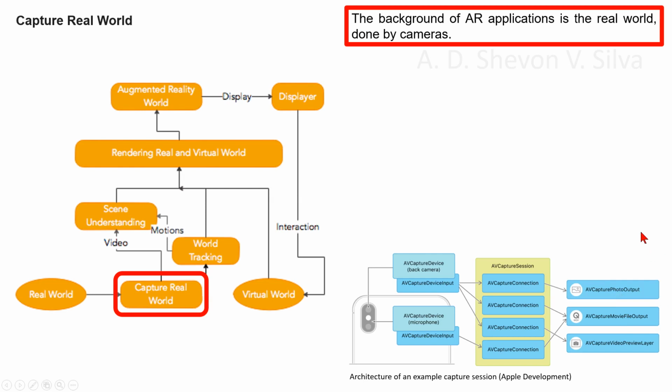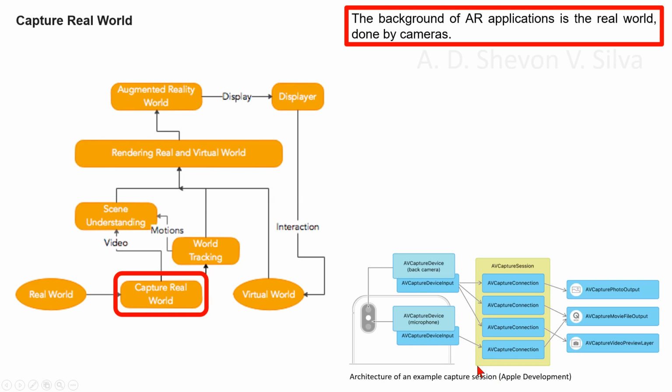To use a camera for a video input to capture photos or movies, select an appropriate AV capture device, create a corresponding AV capture device input, then add it to the session.